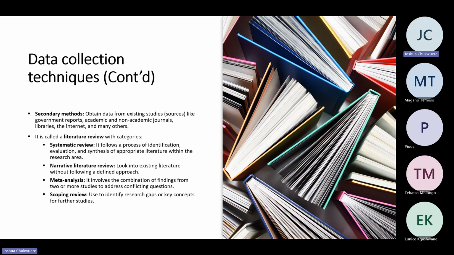We have the meta-analysis. It involves the combination of findings from two or more studies to address a conflicting question or discussion. Let's say you read an article that says the perception of teachers and lecturers in adopting robotics is mainly that there are going to be job losses.